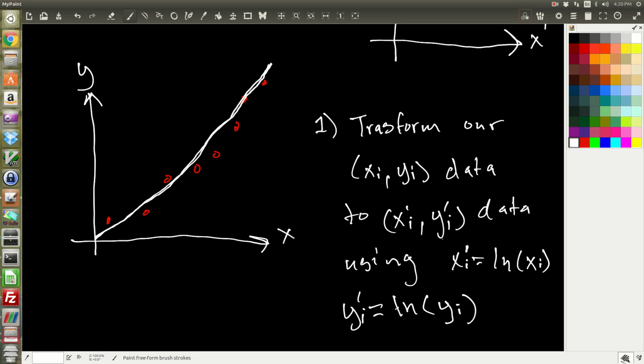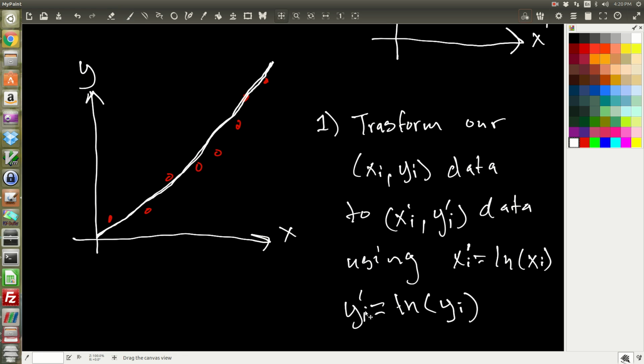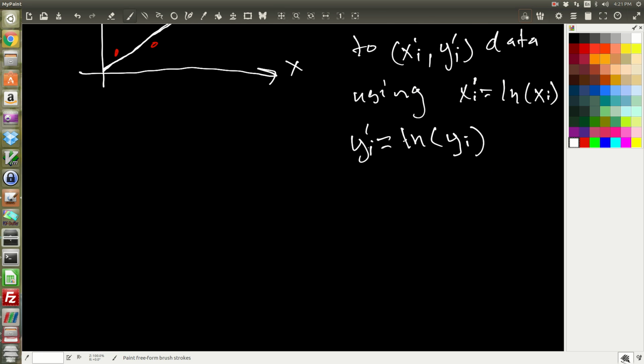Okay, so if we did that, what we would find is, hey, when I transform my data like that, all of a sudden the data goes from looking like it did up here to looking something like this.